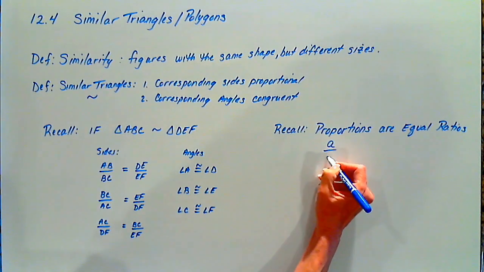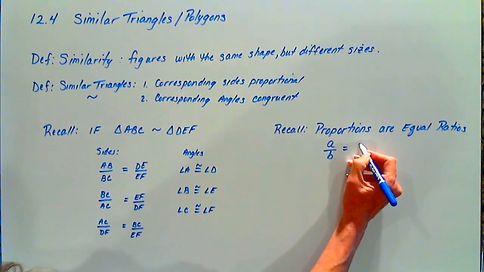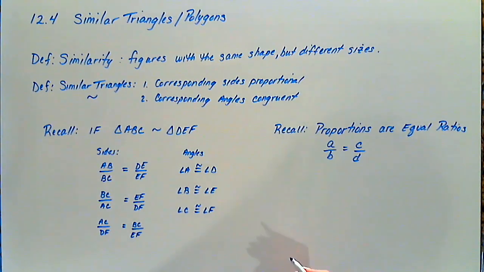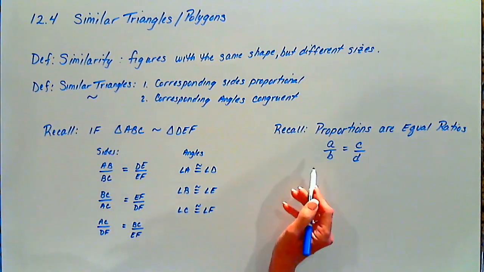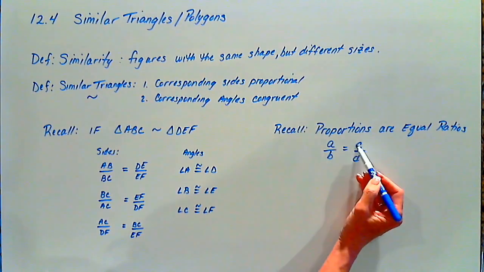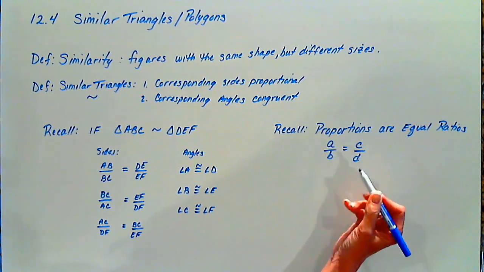So I could say A is to B as C is to D. And if you recall from earlier chapters, A and D are what we call the extremes, and B and C are what we call the means.